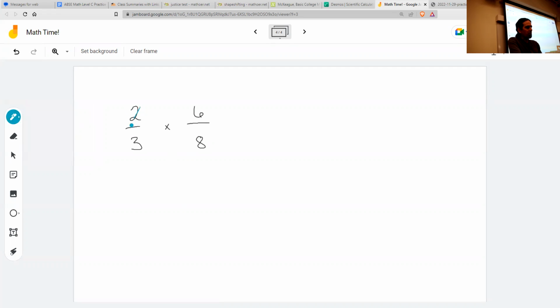It's nicer to cancel and say the 2 and the 8 cancel, divide top by 2 and I get 1, divide bottom by 2 and I get 4. And then the 3 and the 6 cancel. 3 divided by 3 is 1, 6 divided by 3 is 2. And then when I multiply top and bottom, 1 times 2 is 2, 1 times 4 is 4. Now I only have to reduce a little bit.